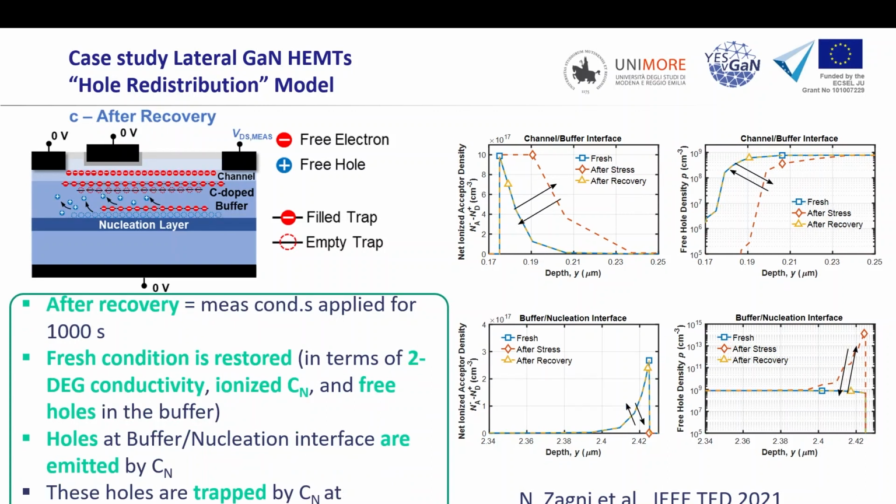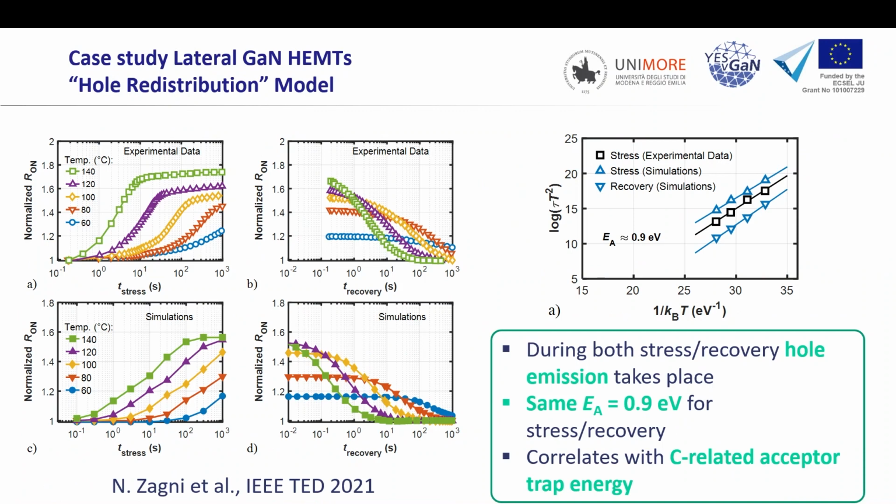And luckily, because you're not losing any carrier, when you go back and apply recovery, your situation is restored. So this is a very good example of stability, where by just waiting for some time, well, of course, for the case of carbon it's quite a long time, so this can still be a problem for the application, you can restore whatever you had in the beginning.